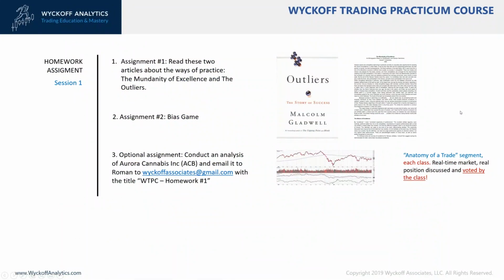Now let's talk about the homework. I asked you to read 2 articles, Outliers and the Mundanity of Excellence. Please say yes, and there is no punishment if you have not read this, so please say yes if you've read those pieces.